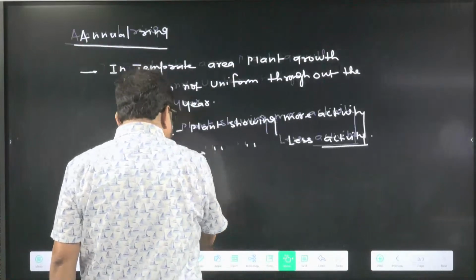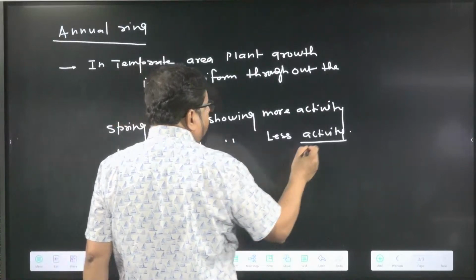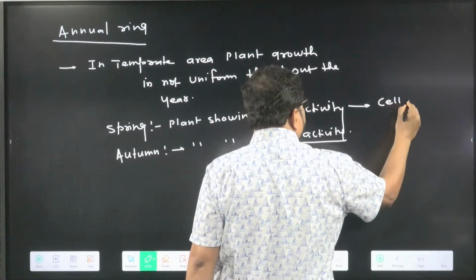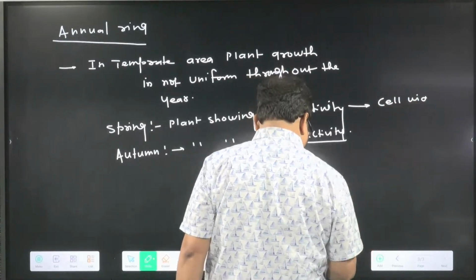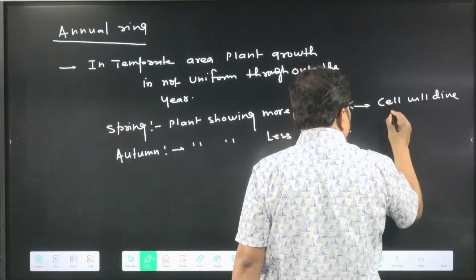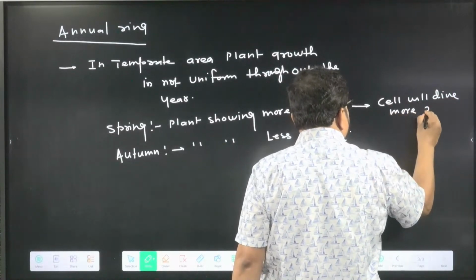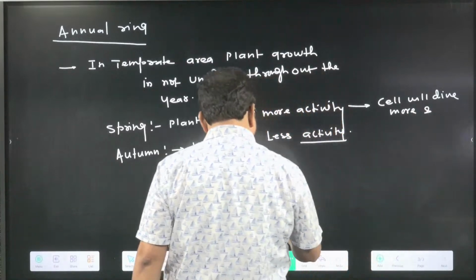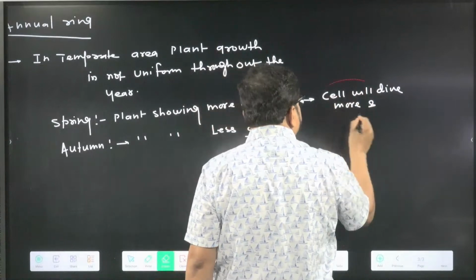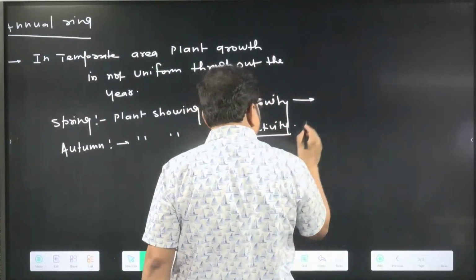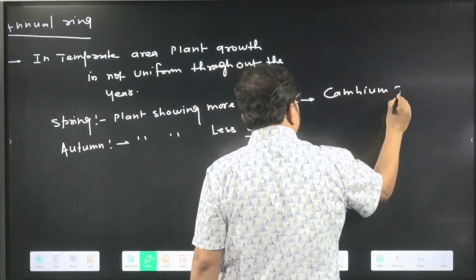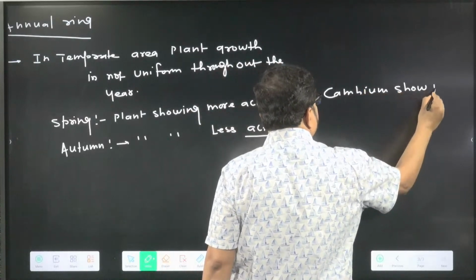So what is happening in spring season? In spring season, you will find cells will divide more, or cell in the sense cambium shows more activity. Cambium shows more activity, meaning division.